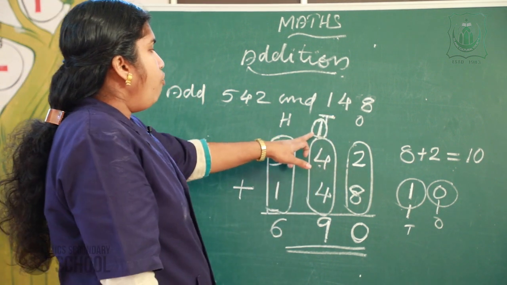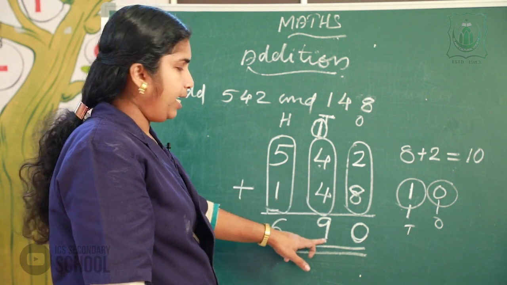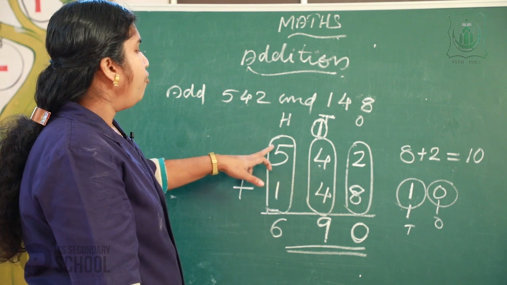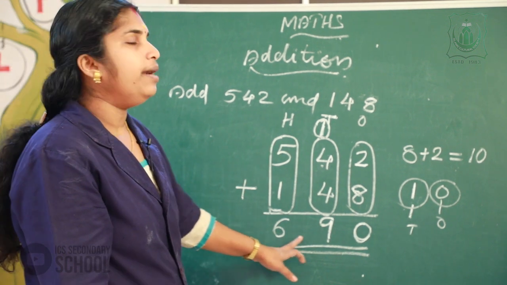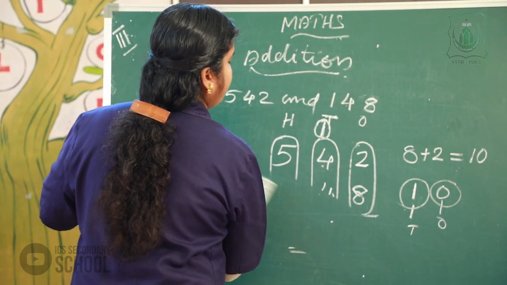Added, 1 plus 4, 5, 5 plus 4, 9. Next, the hundreds place numbers are added: 5 plus 1 is equal to 6. Thus we get the answer 690. Next problem.